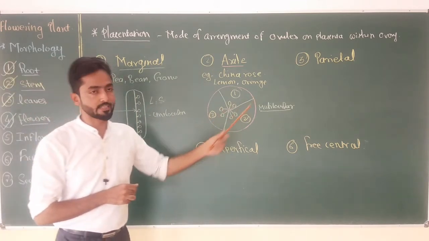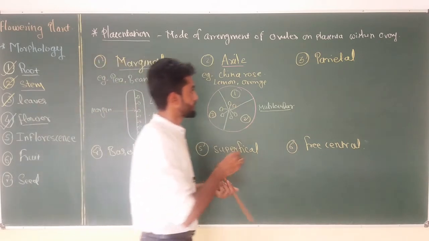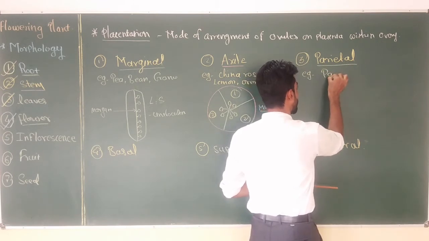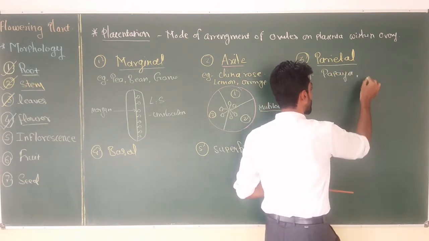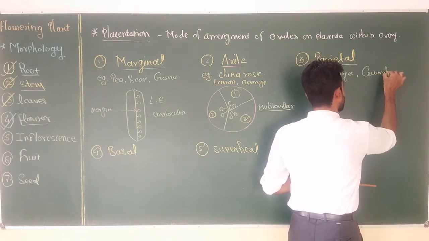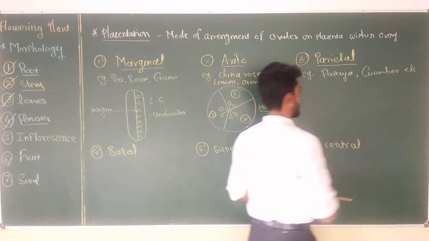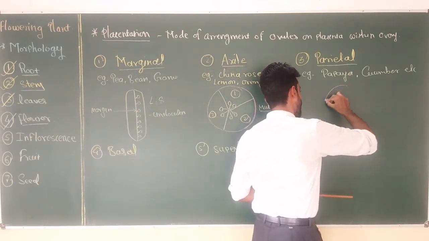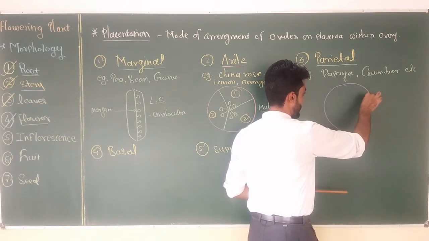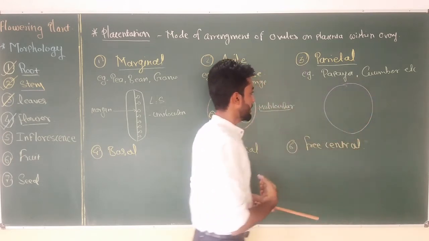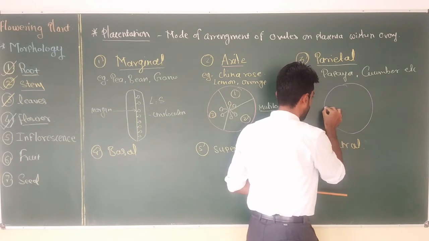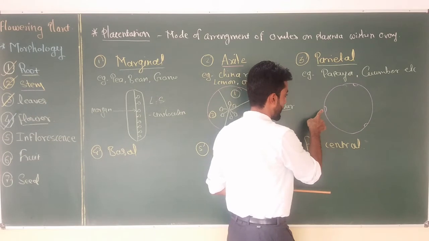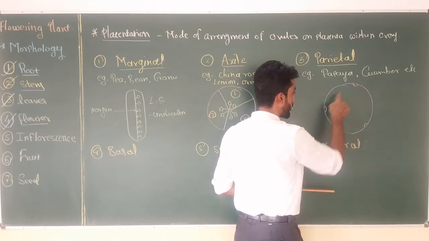The third type of placentation is parietal placentation, and examples of parietal placentation are papaya, cucumber, etc. If we draw the transverse section of the ovary of parietal placentation, you can find the placentas arise from the periphery or from the wall of the ovary.